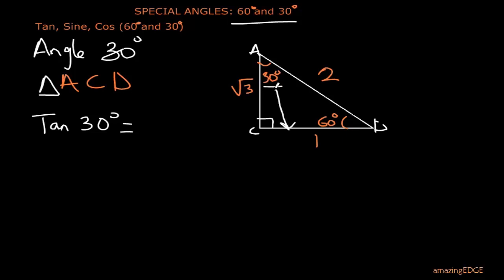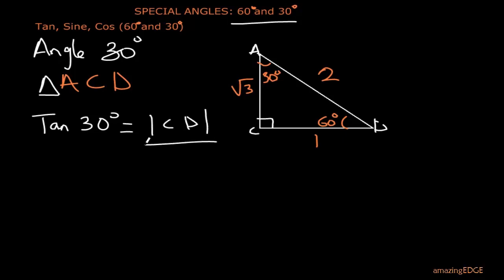It's very important to remember that we are not working with angle 60 degrees now, so things will change. Angle 30 degrees now is facing this line CD. So the opposite becomes line CD, then over the adjacent.